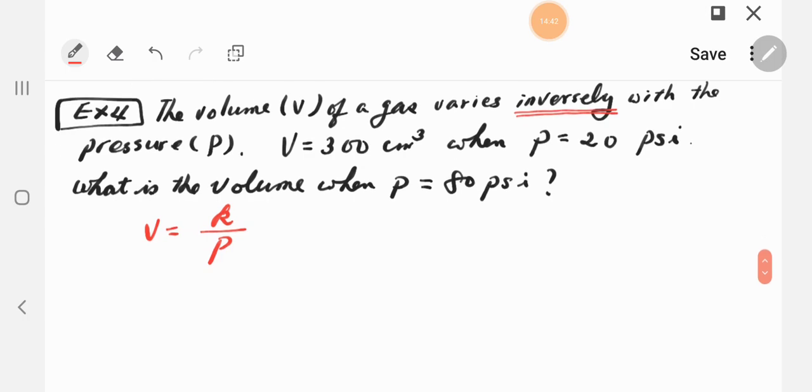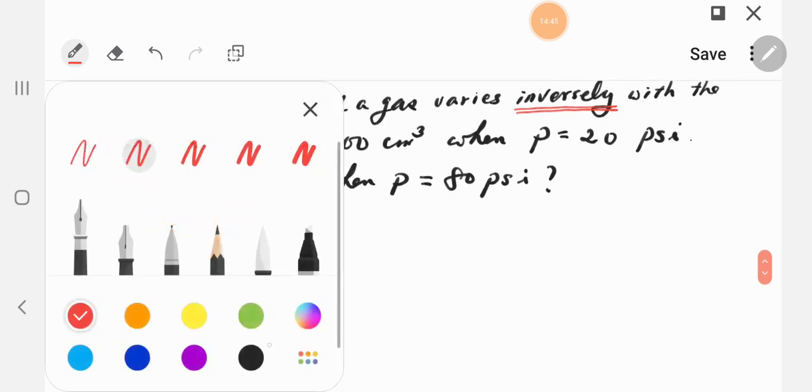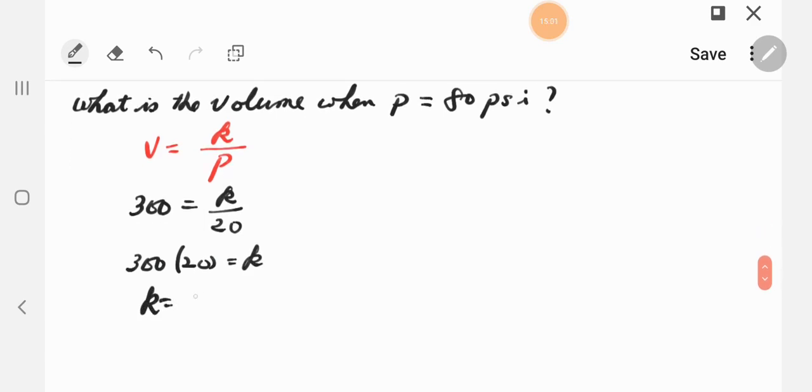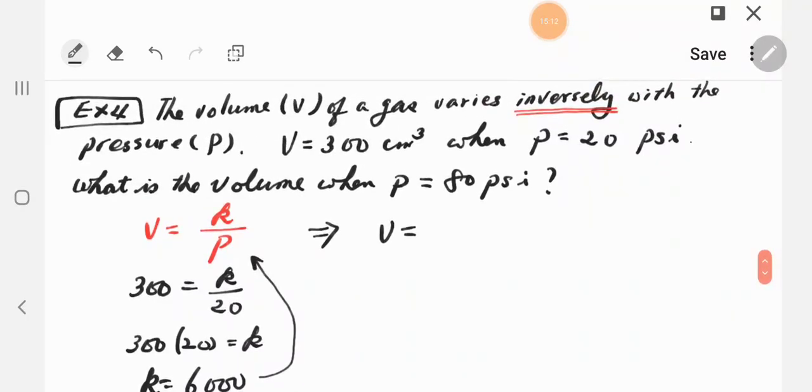V is 300 and P is 20. Multiply each side by 20, then K is equal to 6,000. So our inverse variation equation will be V equals 6,000 over P.